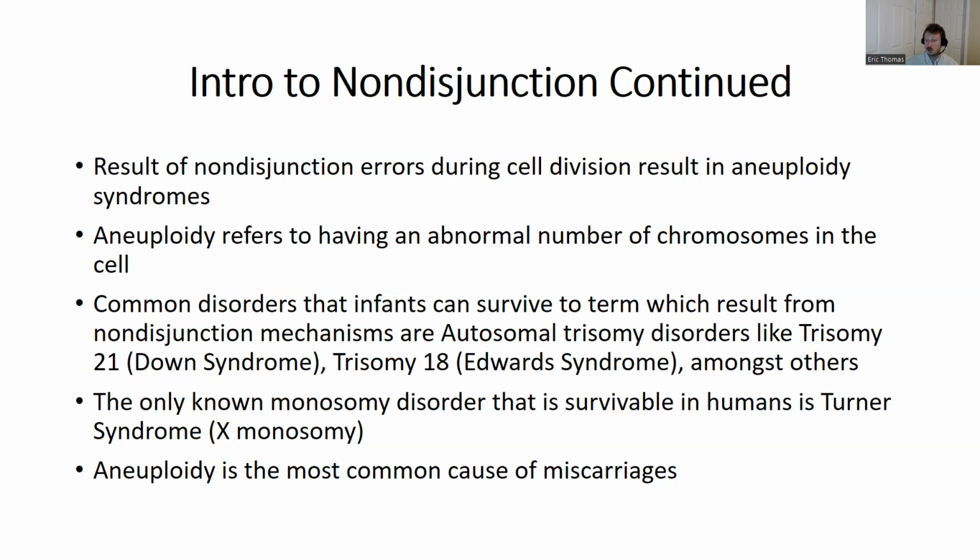Those are the monosomy disorders. You can see from my slide that having an extra chromosome is much more likely to be survivable by a human infant than having one less chromosome. And something I found interesting in doing my research is that aneuploidy is the most common cause of miscarriages.